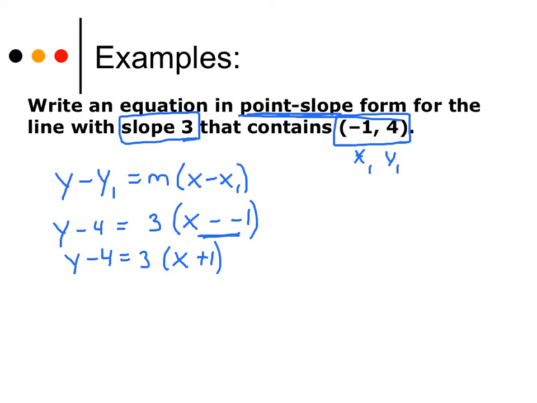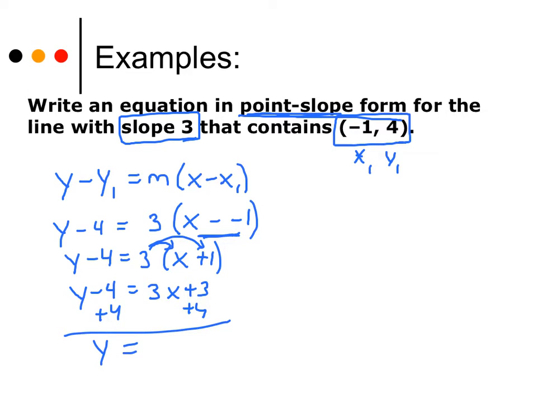But let me show you what you will end up doing: you'll end up taking it and using this form as a tool to solve for y. So if I do the distributive property here, I get 3x plus 3. And then if I add 4 to both sides, then I get this equation in slope-intercept form.